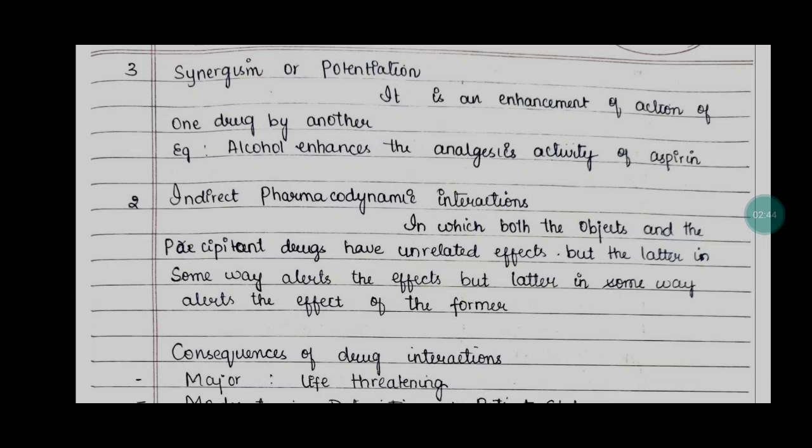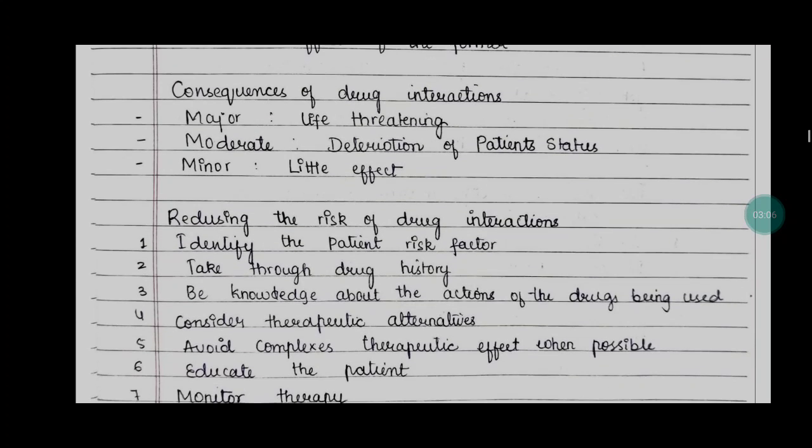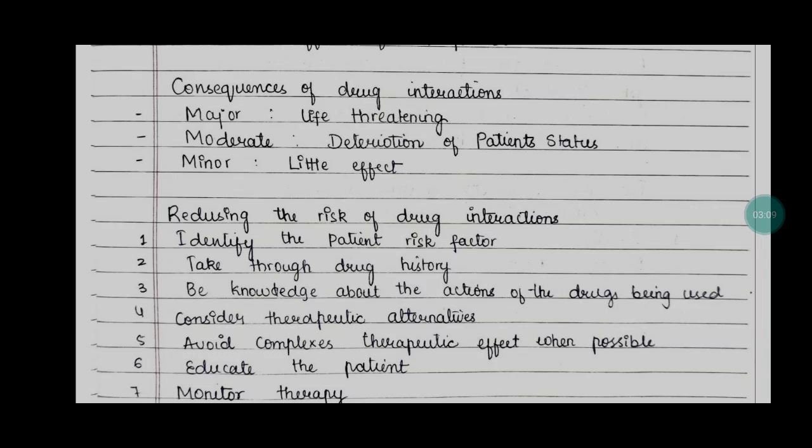And number two, indirect pharmacodynamic interactions, in which both the object and the precipitant drug have unrelated effects, but the latter in some way alters the effect of the former. Consequences of drug interaction: for major, they are life threatening; for moderate, deterioration of patient status; and for minor, little effect.